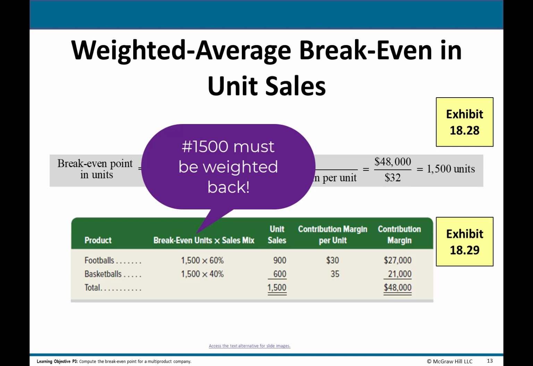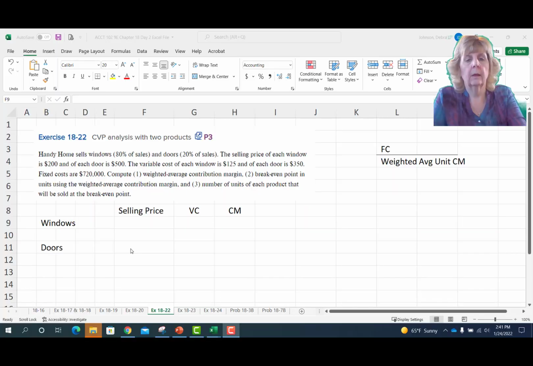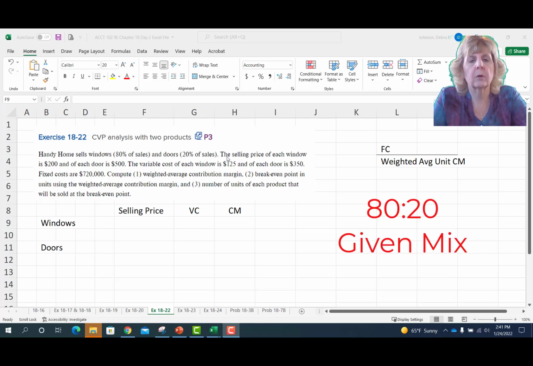Let's try one for ourselves. Okay, let's get our hands dirty and try one of these sales mix problems. This problem tells you that this company sells windows and doors in the ratio of 80% to 20%. We're going to tweak our break-even formula. We'll still have fixed costs on the top.